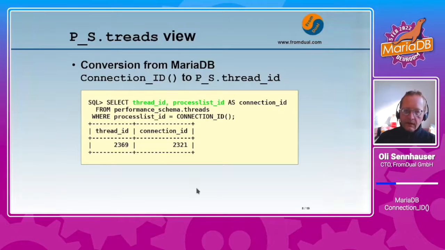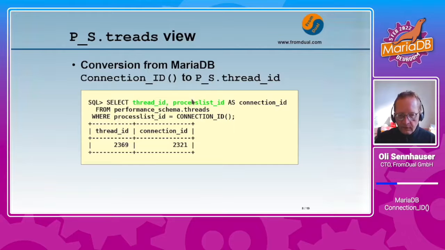The next thing I want to look at with you is the performance schema threads view. Here we have to do the conversion between the MariaDB connection ID and the performance schema thread ID.